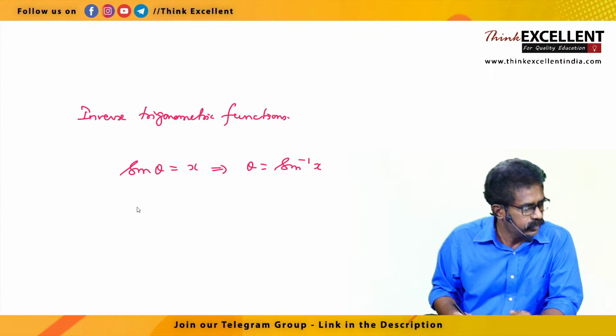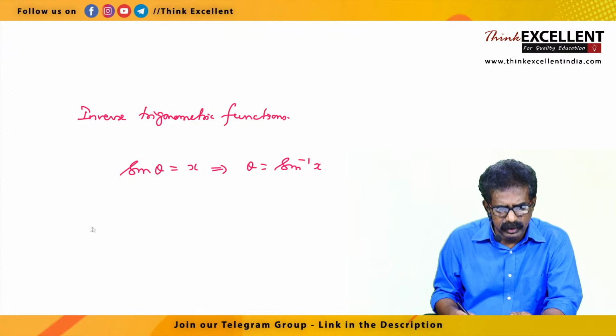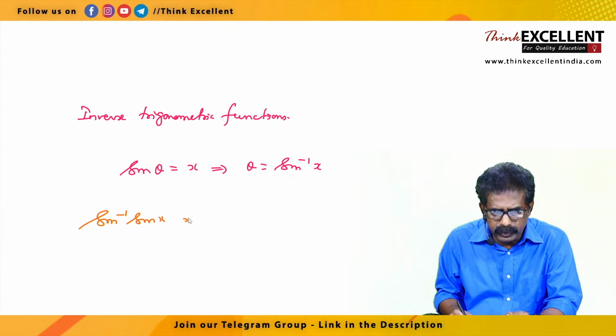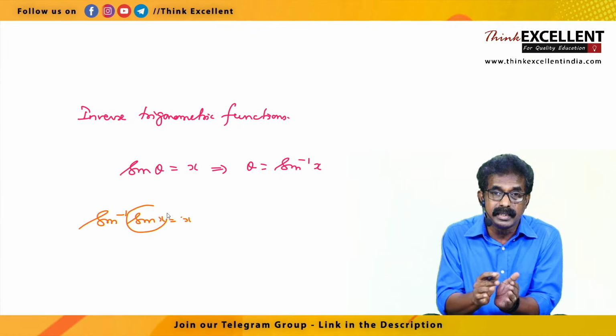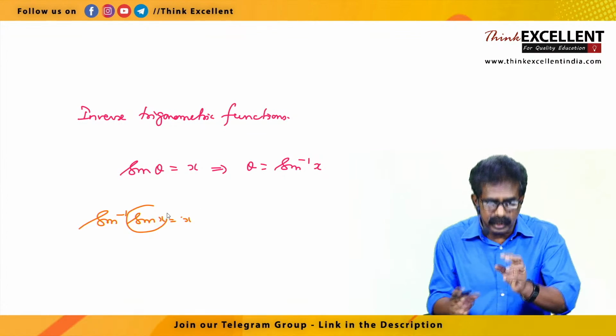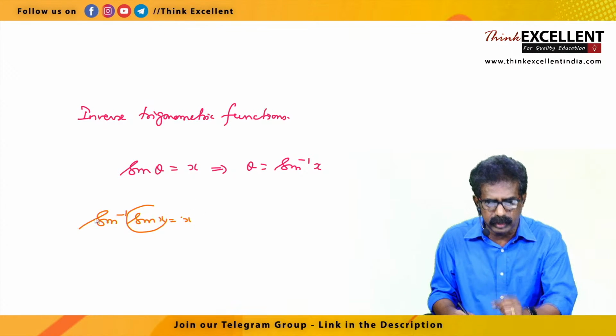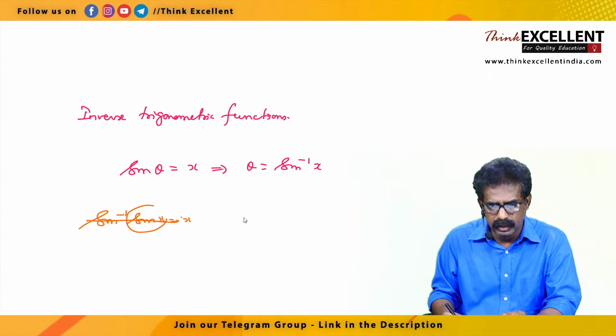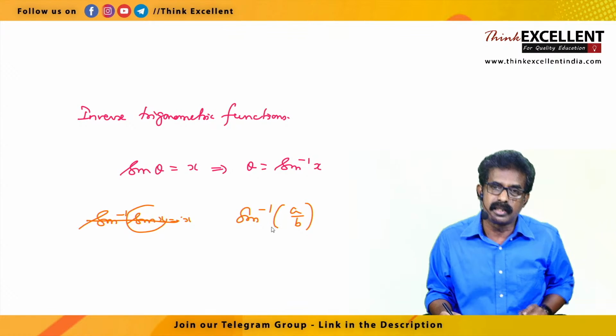Listen. One of the properties: sin inverse of sin x is not always x. It is x only when sin x lies in the principal range. That I'm not going to take now. Suppose sin inverse of a by b. You can write this using the reciprocal.